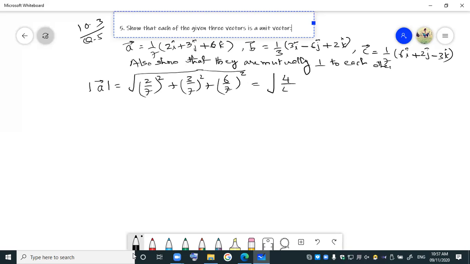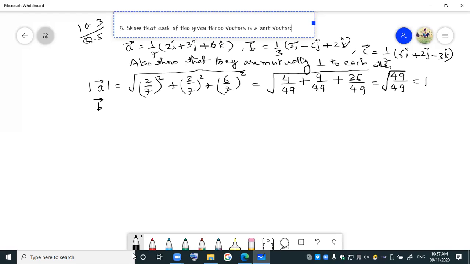That is 4 by 49 plus 9 by 49 plus 36 by 49. So 36 plus 9 plus 4 is 49, so this becomes 49 by 49, that is equal to 1. So it is a unit vector.